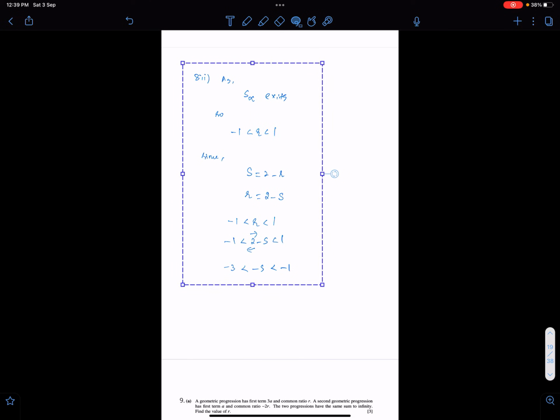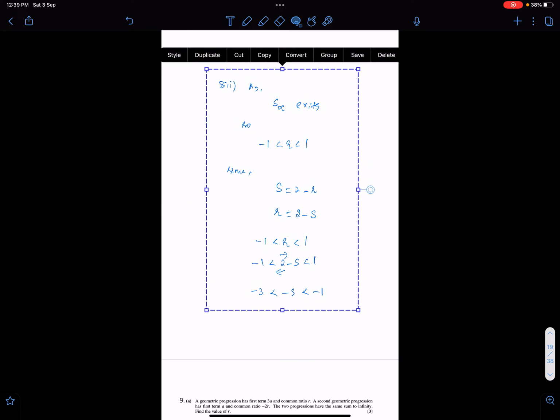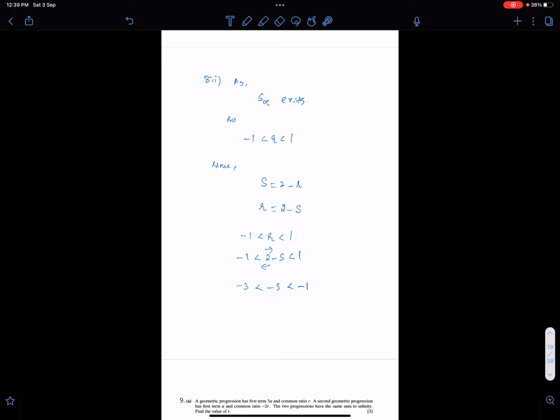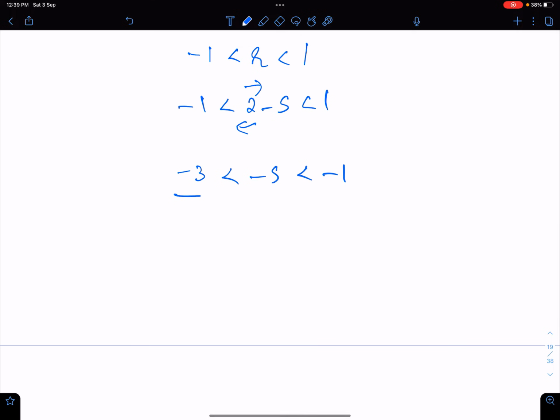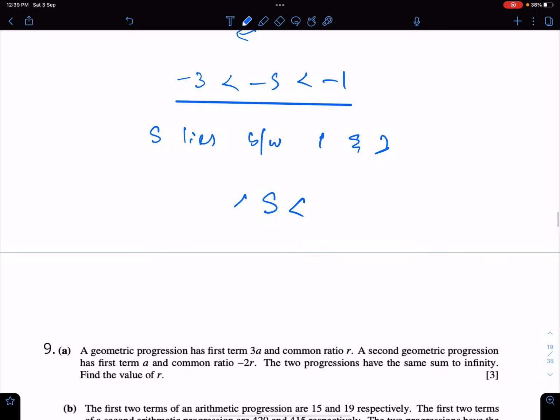Just a moment, please. See, this means S lies between 1 and 3. So we can write the answer in this way.